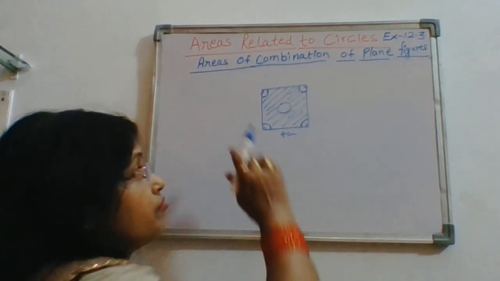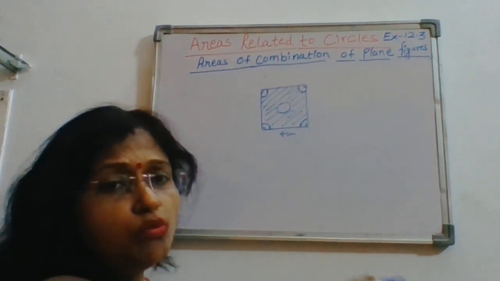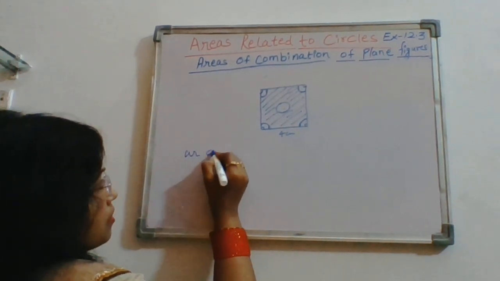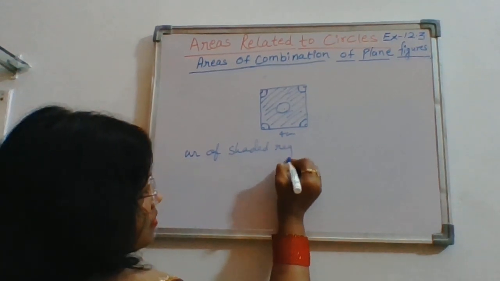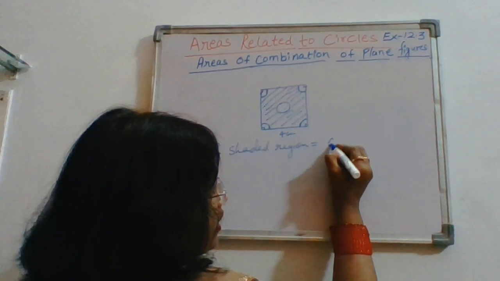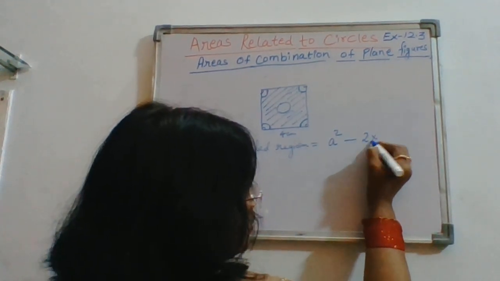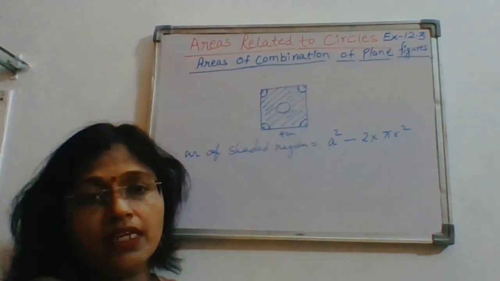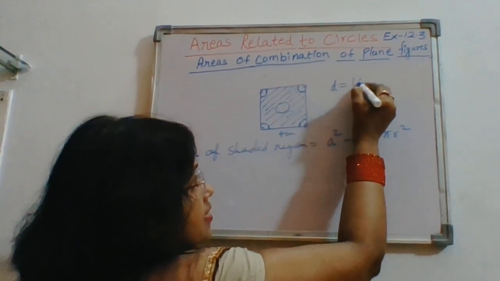So area of this bigger square minus area of the two circles will be equal to area of shaded region. It will be equal to area of the square, that is side square, minus area of two circles, 2 into pi r square, and both the radius is the same because here the diameter is given as 1 centimeter.